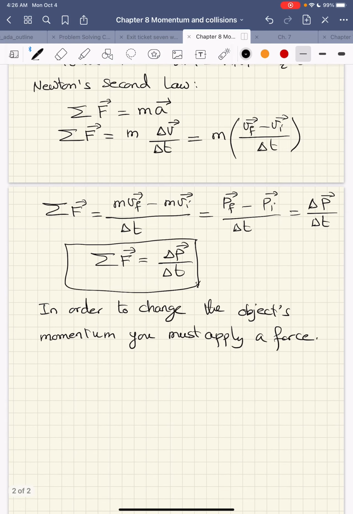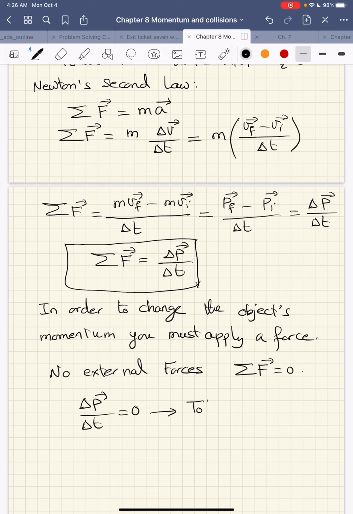If we have no external forces, which means sigma F equals 0, then delta P over delta t is 0, and this means that total linear momentum will not change.